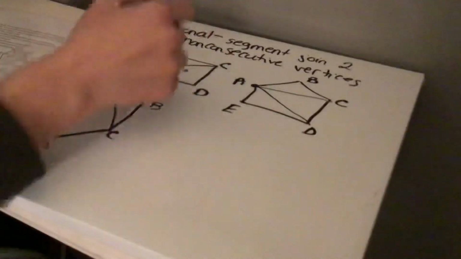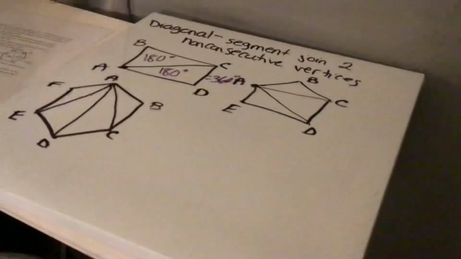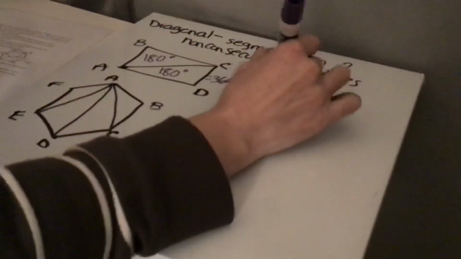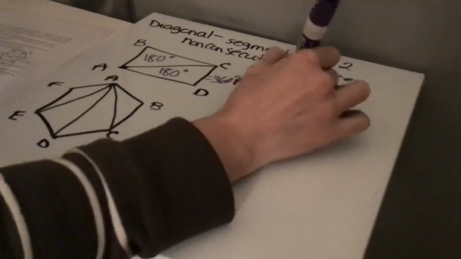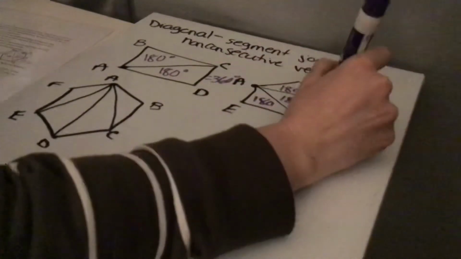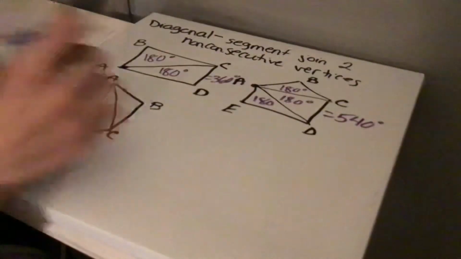So in a quadrilateral, the angles are going to add up to 360 degrees. In a pentagon, I have three triangles that don't overlap. Each of them have angles that add up to 180. So then a pentagon's angles add up to 540 because 180 plus 180 plus 180.